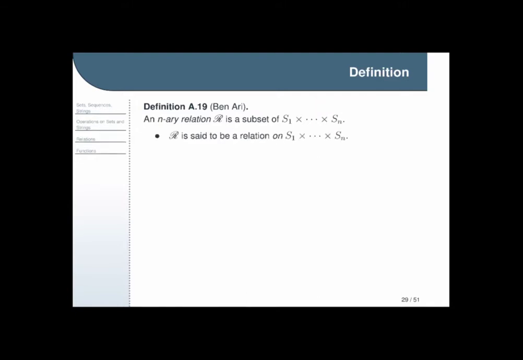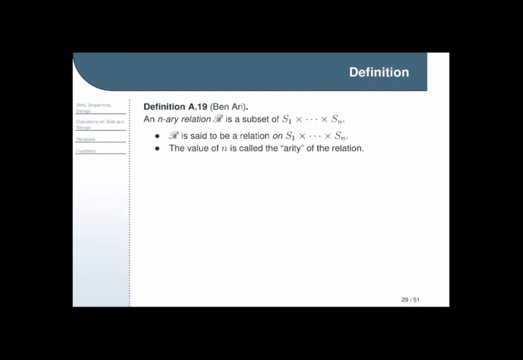Just to introduce some of the terminology we use, we'll say R is a relation on this product, a relation on S1 cross, etc., up through Sn. We say n is called the arity of the relation. You should think of that as the number of things in the tuple, or the number of things that are getting related by the relation.